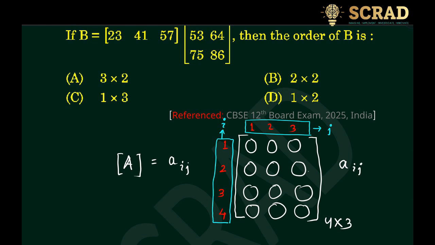I want to mean this element. This element is present at the second row, third column. So I can write it as element a, second row, third column, a_23.